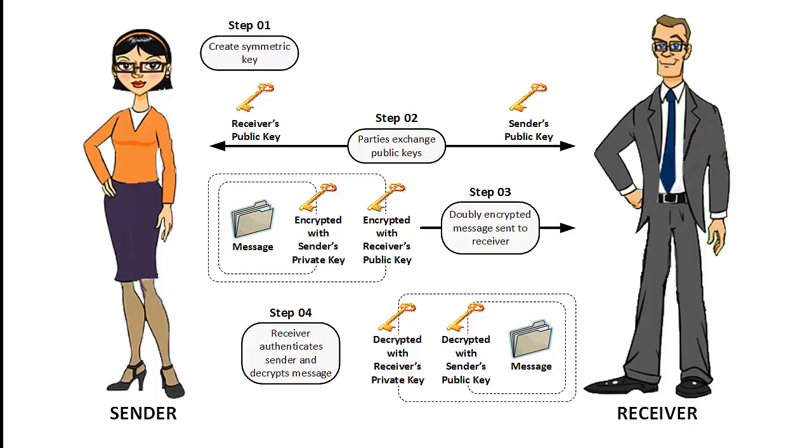The sender and receiver can then communicate using the symmetric key. This second method is indeed a good solution to the key exchange problem, and therefore forms the basis of virtually all secure communications among unacquainted parties over the Internet.